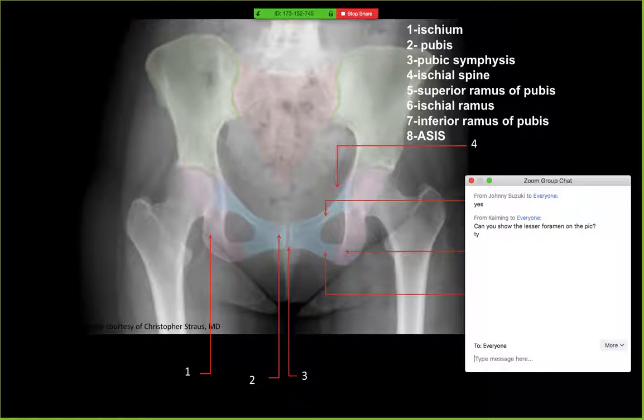So I don't know, have they done that to you guys yet? Have you had to identify things on X-ray in the practical? Yeah. Okay. So yeah. So here's another way, for this block at least, that they could do that. So make sure you can identify all of the parts of the pelvis via x-ray.